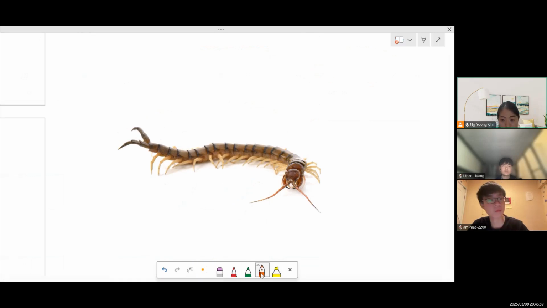This is the jointed leg. You can see this one.